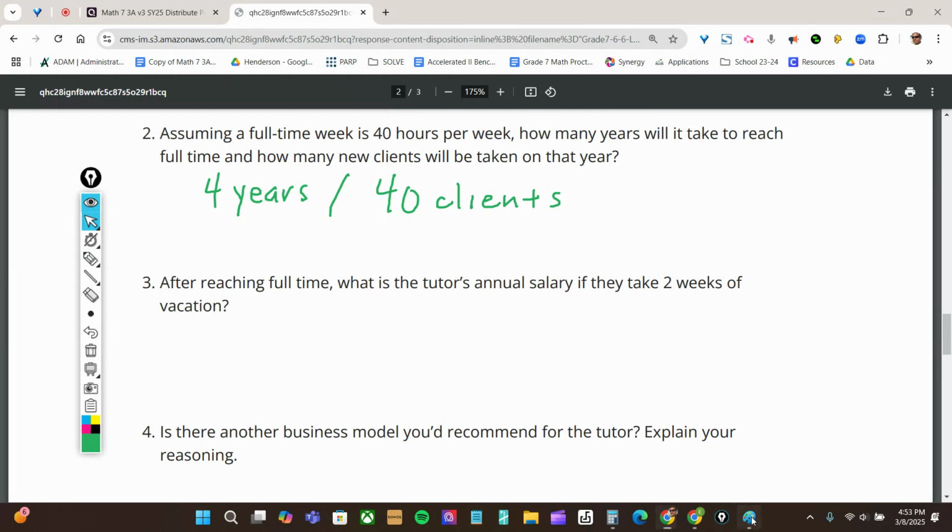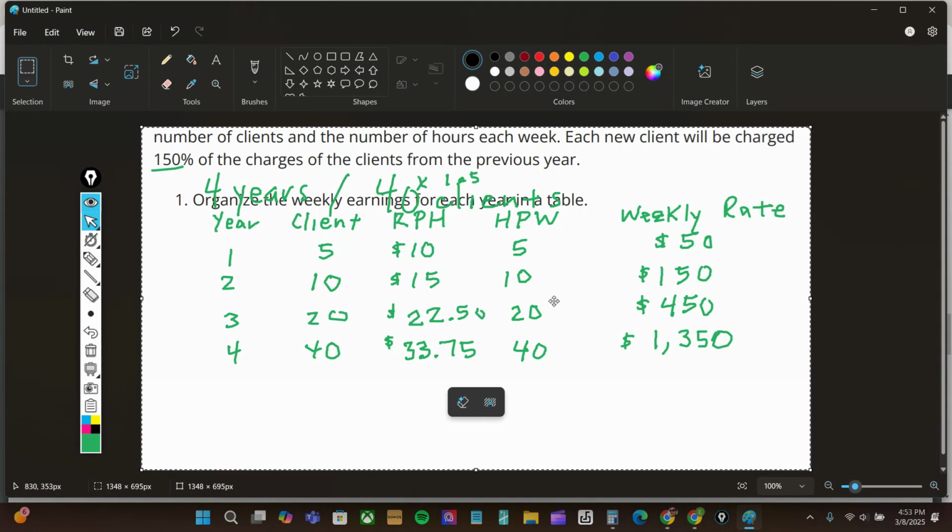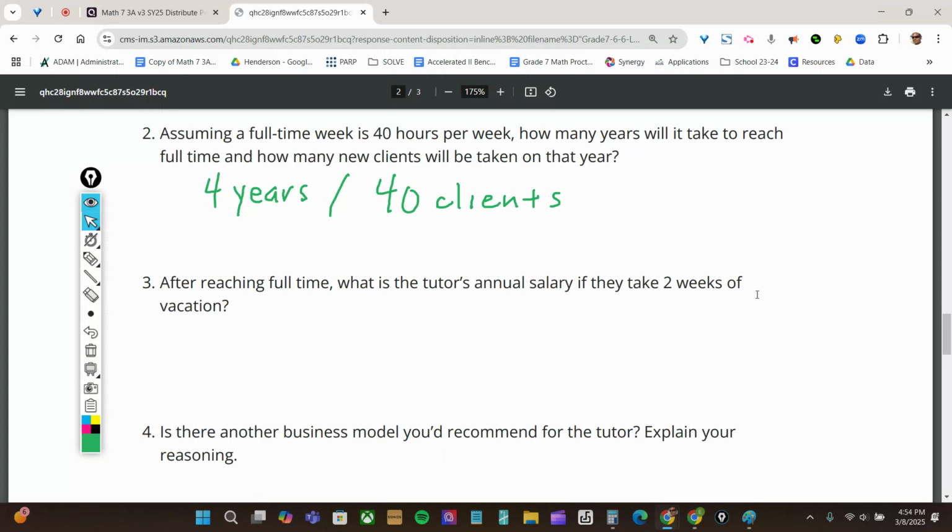Okay, so that's from the previous question up there. So in year 4, they're making $13,050 a week. There's 52 weeks in a year.